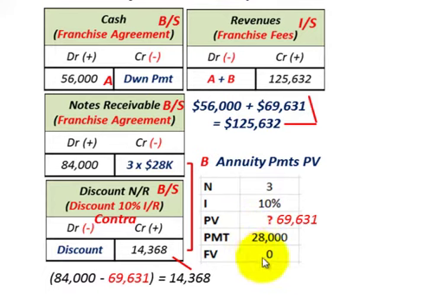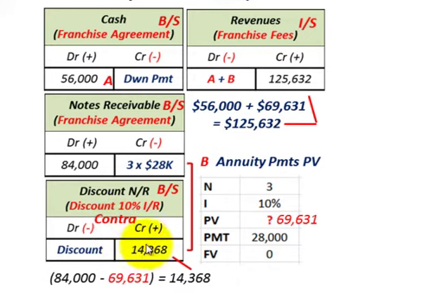And then future value would be 0 because we would have paid off all our payments. So put that in at 0, hit your present value key, and you're going to come up with the present value of those 3 payments discounted back at 10%, equal to $69,631.